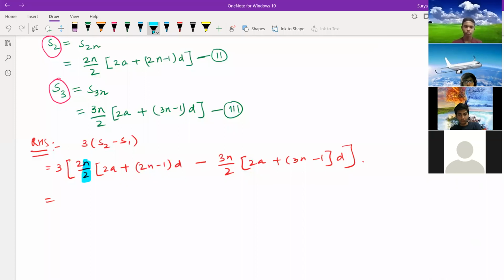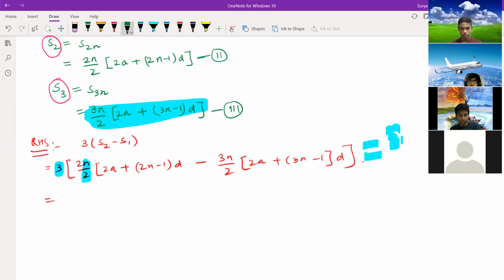S3n is equal to 3n by 2, right? So 3 is outside already. Try to understand here. This should be equal to 3 S3n, correct? It means this whole thing should be equal to this. Here 3n by 2 is mentioned, so 3 will come outside.